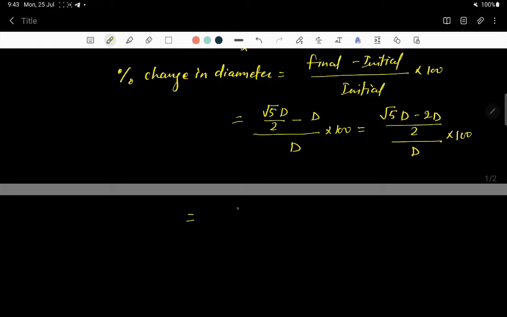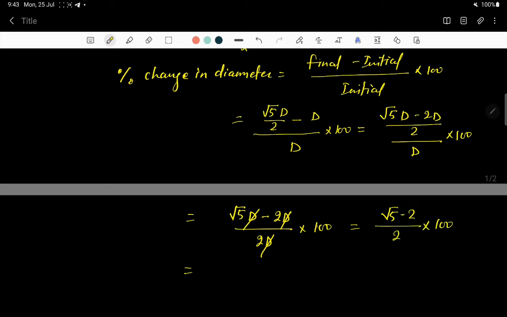So it will become root 5 d minus 2d upon 2d into 100. Here we take the d outside and it cancels the d from the denominator. So it will become root 5 minus 2 upon 2 into 100.